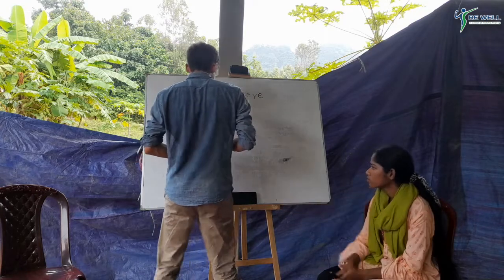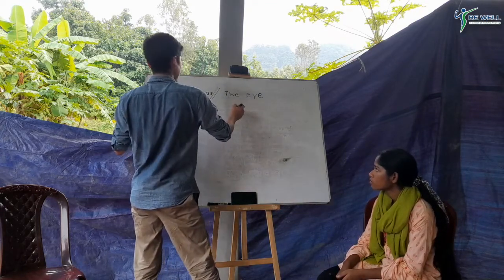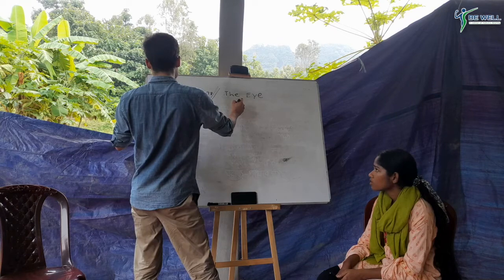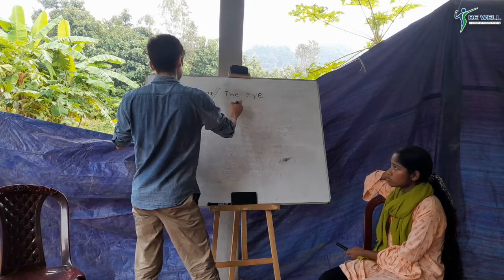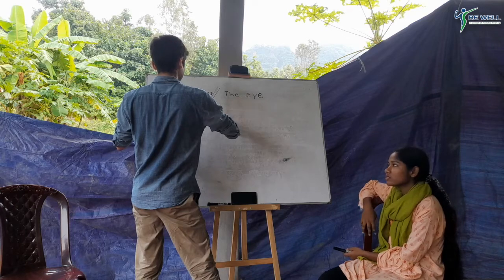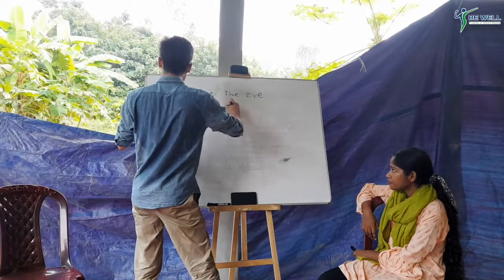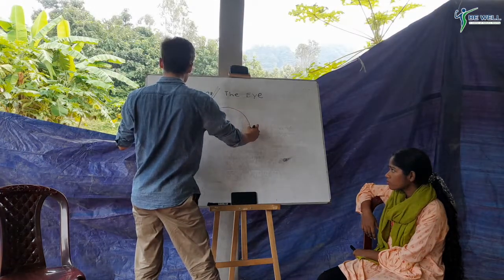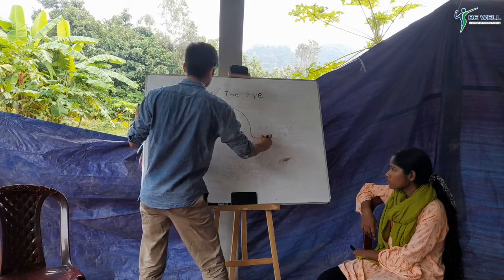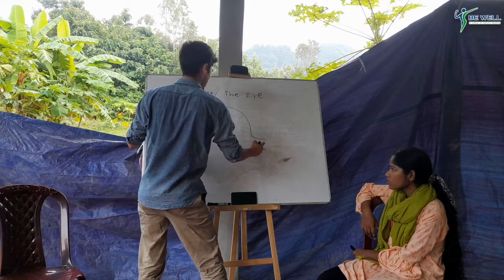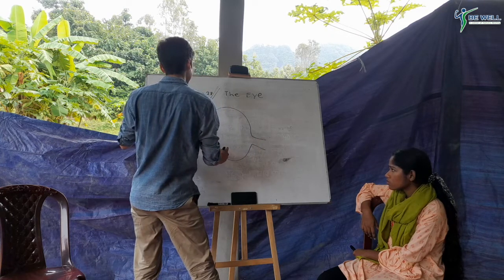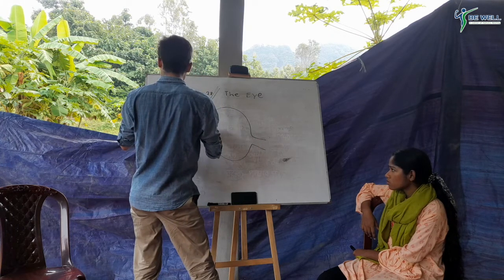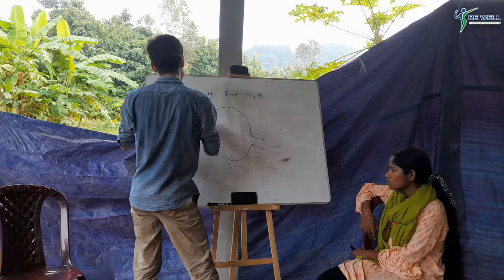So the eye is almost a sphere. It looks like a ball. So we'll draw it like this. Then you have the nerve in the back, the optic nerve. And then you have this little bulge in the front.